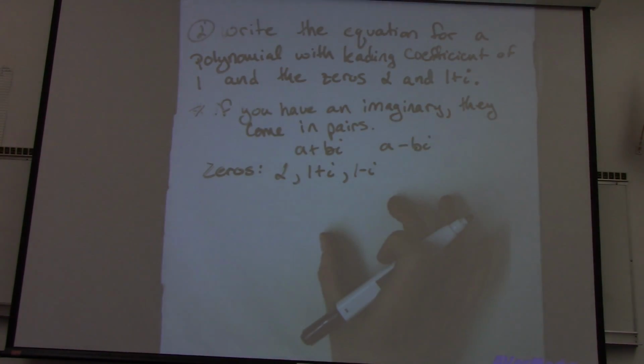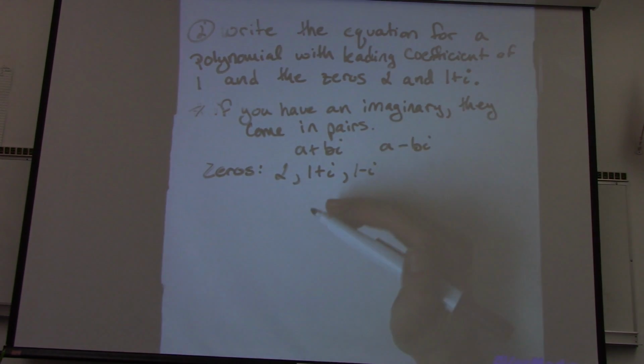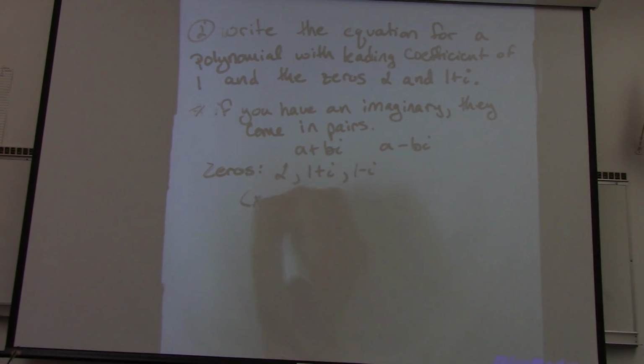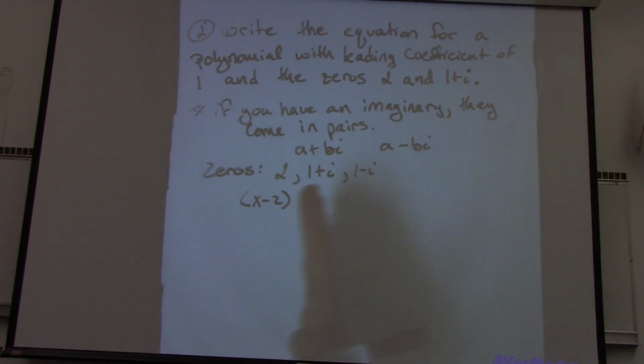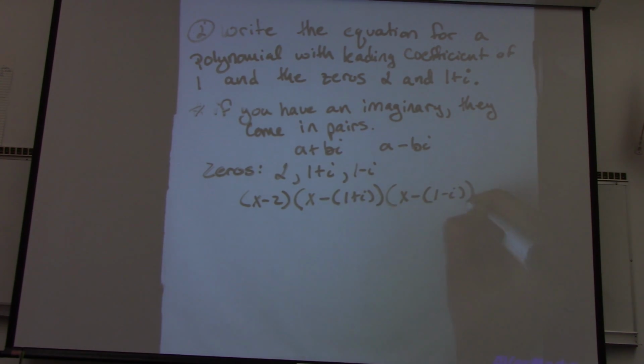All right. Now we have our factor theorem that states if 2 is a 0, then the factor is x minus 2. I can apply that to these imaginaries also. So x minus, in parentheses, 1 plus i. And then I have x minus, in parentheses, 1 minus i.